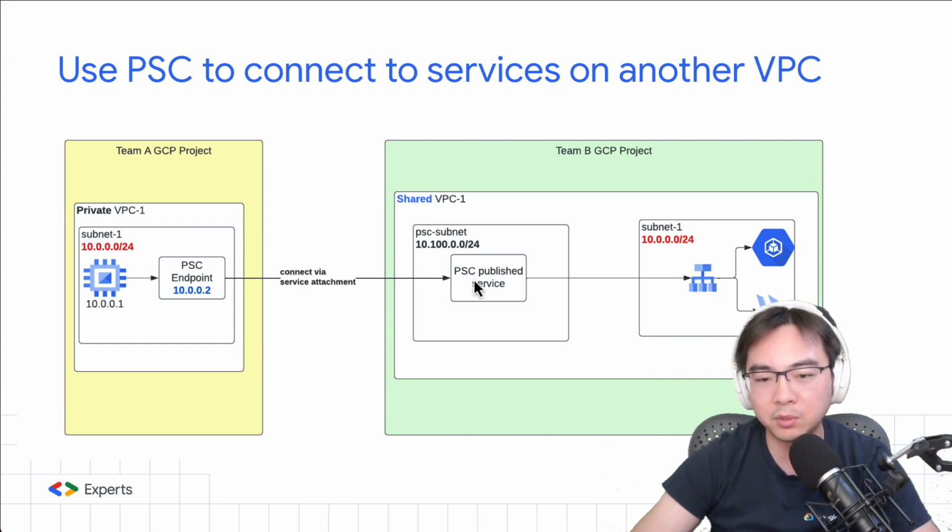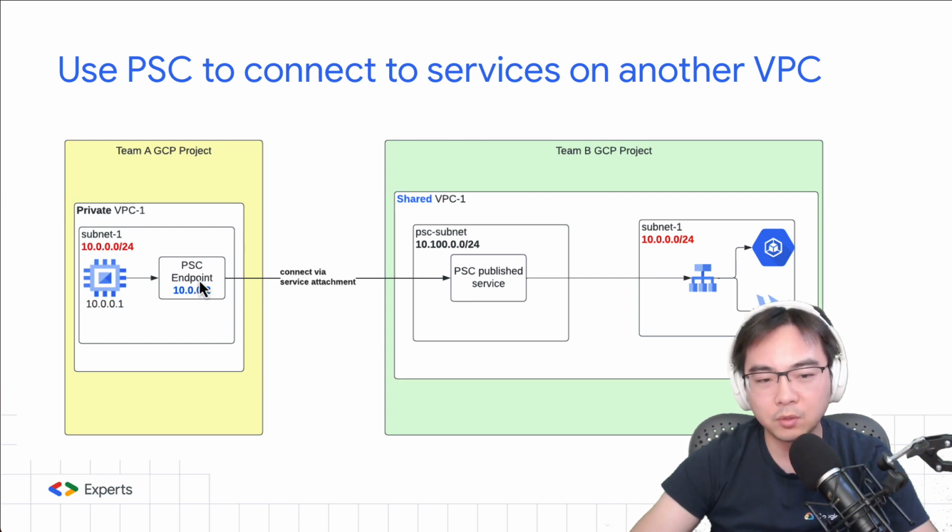So in this case, you say, I'm going to publish the service, and I'll choose 10.0.0.2 as my load balancer. So that will gain the connectivity to your backend, whether that's GKE or Cloud Run, it doesn't matter, right? And then because your service is now published, on the consumer project or teammates project, you can create something called a PSC endpoint, right?